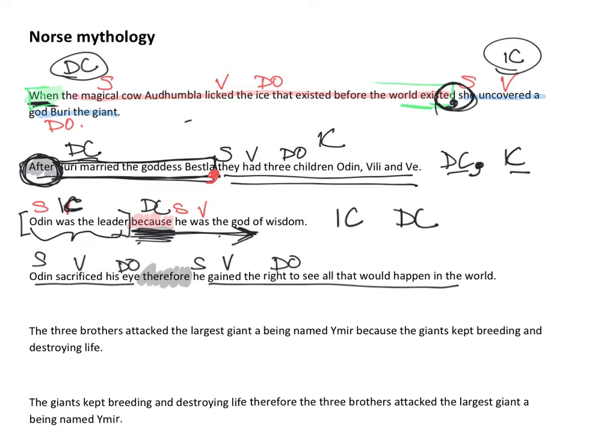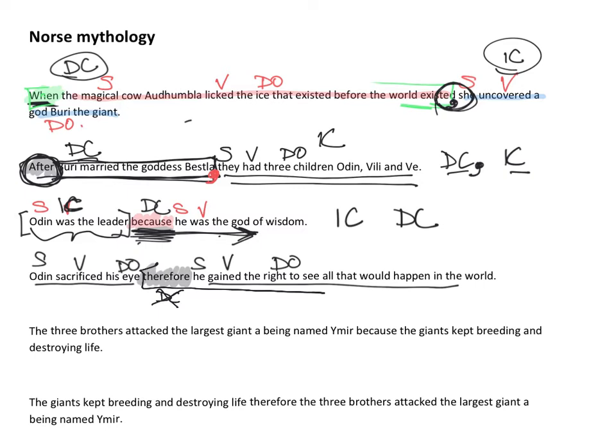Odin sacrificed his eye. Whoa, that's weird. That's really weird. It doesn't flip-flop naturally. You can't take this idea and put it in the front and keep therefore with it. So that tells you, because it doesn't flip-flop, this is not a DC word. Nope, nope, nope. What is this? Because it doesn't flip-flop, that means it has to be a conjunction.